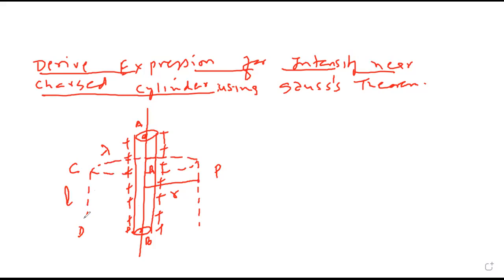It will pass through point P. Intensity at any point P is directed normally outward. Let ds bar be elemental area along P. Just draw the diagram.